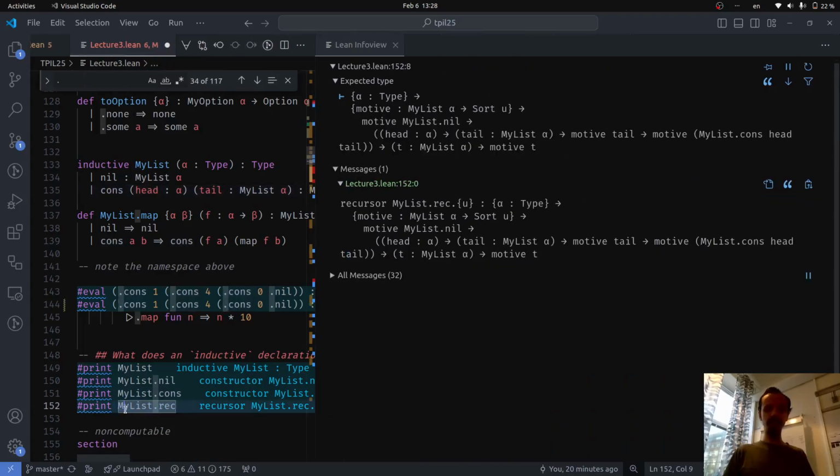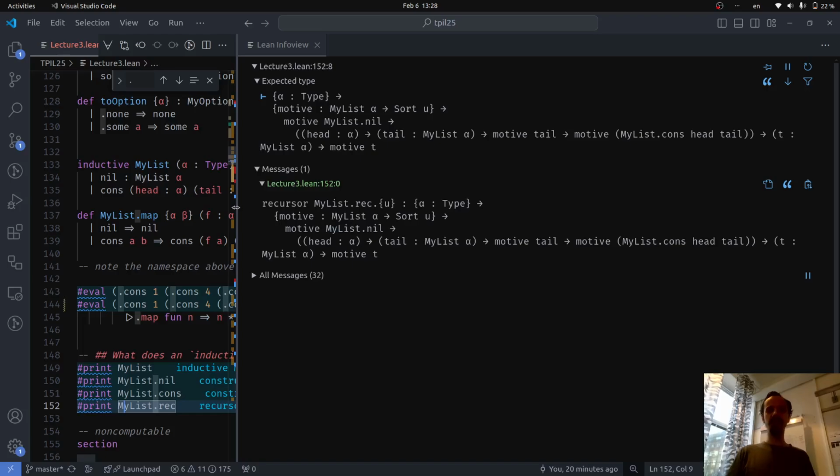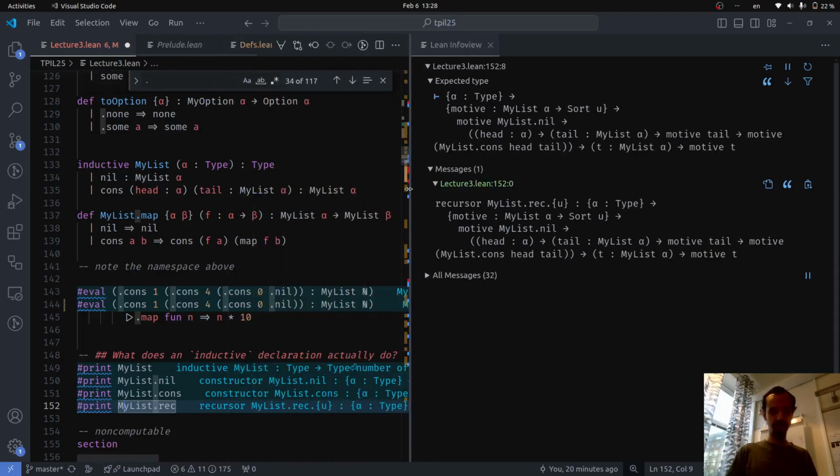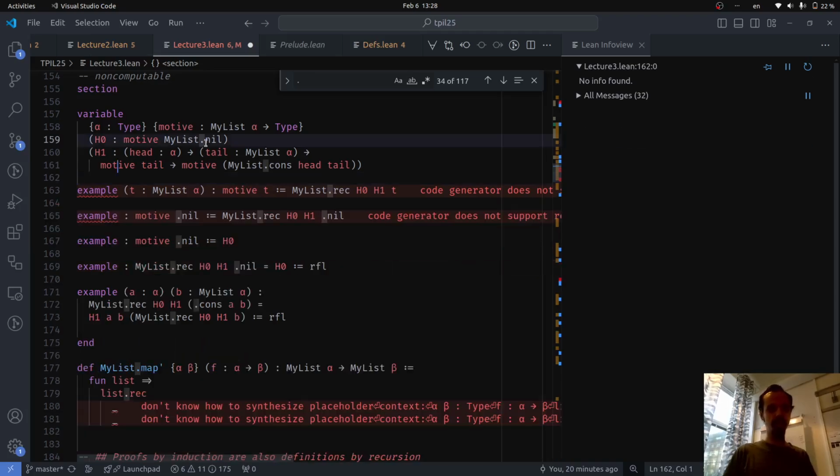So we can actually look at what is this thing, this recursor, and it's effectively a function that does pattern matching on the type. So there's a bunch of things going on here, and let me sort of write them out myself so that it's a little bit clearer, maybe.